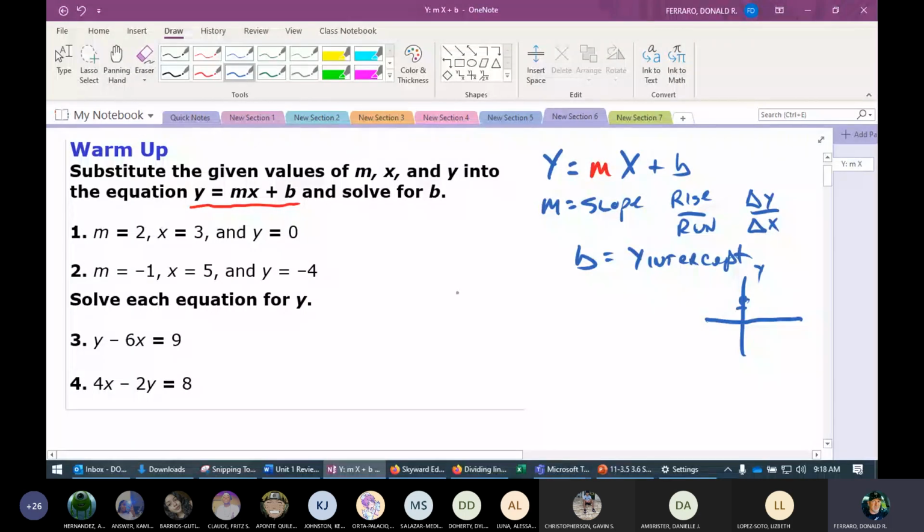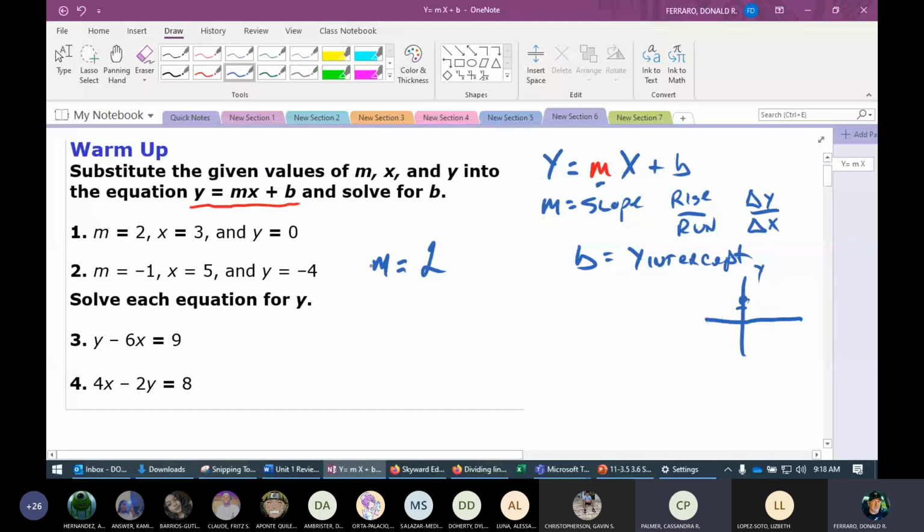So, Cassie, are you there? Yes. How are you today? I'm good. How are you? Doing great. So on number 1, they tell us that m equals 2. And what's m? It's our slope.